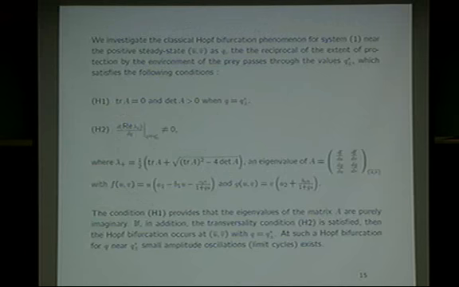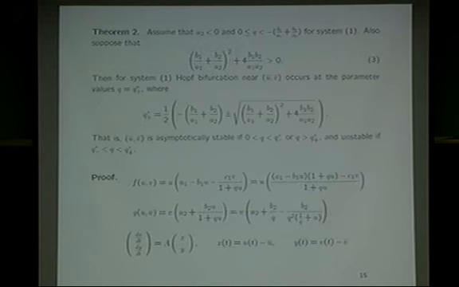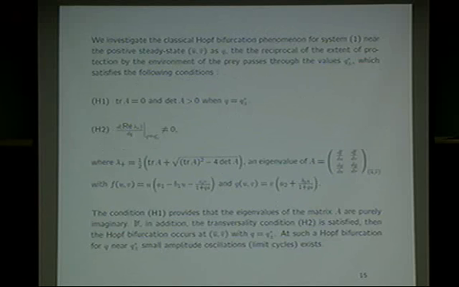And I'd like to talk about the Hopf type bifurcation phenomena for the Holling type system. And in order to have Hopf type bifurcation, we need to check that two conditions, H1 and H2, are satisfied. So the condition H1 provides that the eigenvalue of the linearized matrix is purely imaginary at this bifurcation value.